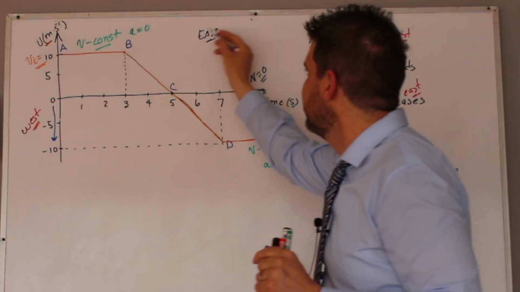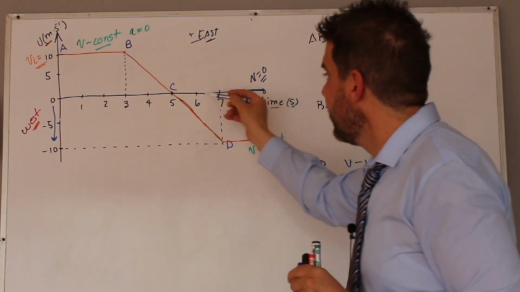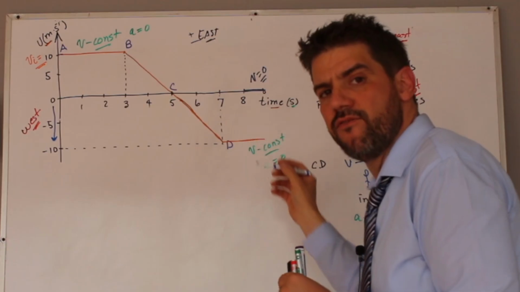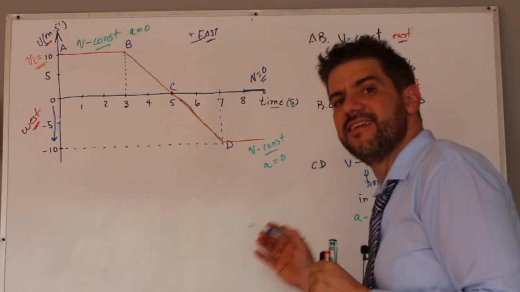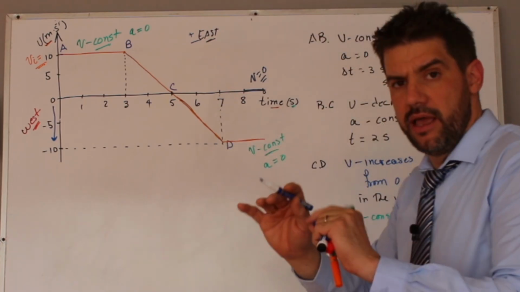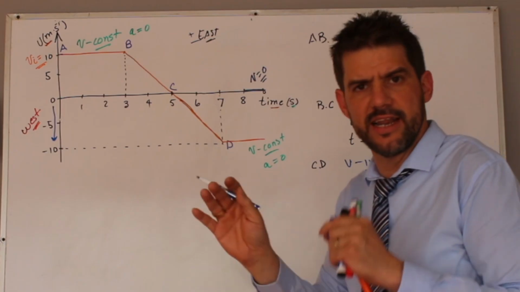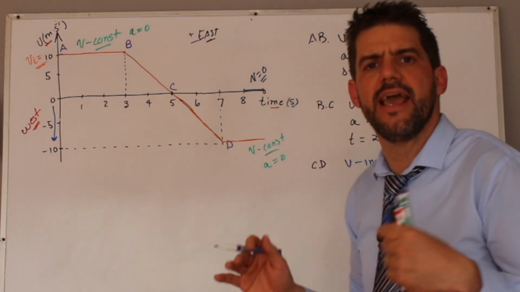Positive direction is east. If the line goes straight away from the x-axis on the negative side, that is in the opposite direction. In all the cases, acceleration is either constant or 0. We don't have acceleration that increases or decreases, all right? So I think that is everything.